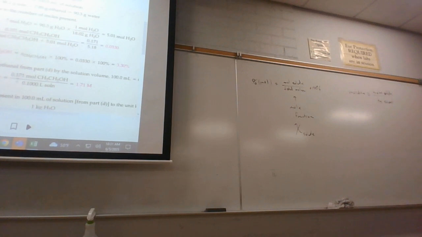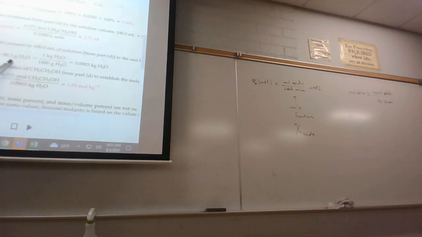The molarity of ethanol is moles of ethanol over liters of solution, so 1.71 molar. And finally, the molality. First we have to figure out how many kilograms of water. It's 90.3 grams, so 0.0903 kilograms of water.